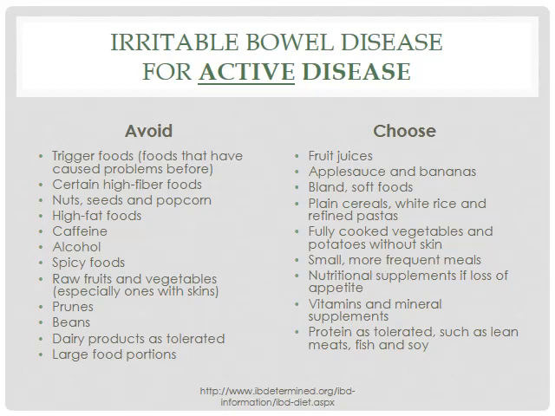Choose fruit juices, applesauce and bananas, bland, soft foods, plain cereals, white rice, and refined pastas. Fully cooked vegetables and potatoes without skin. Small, more frequent meals. Nutritional supplements, if loss of appetite. Vitamin and mineral supplements. Protein as tolerated, such as lean meats, fish, and soy.